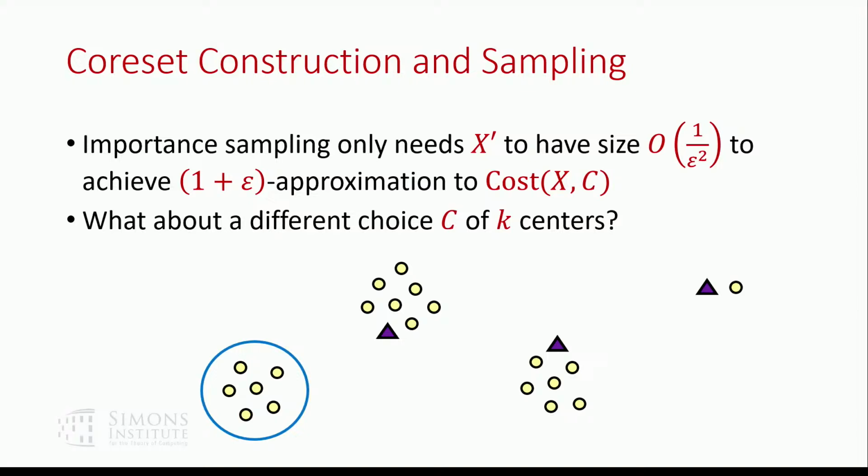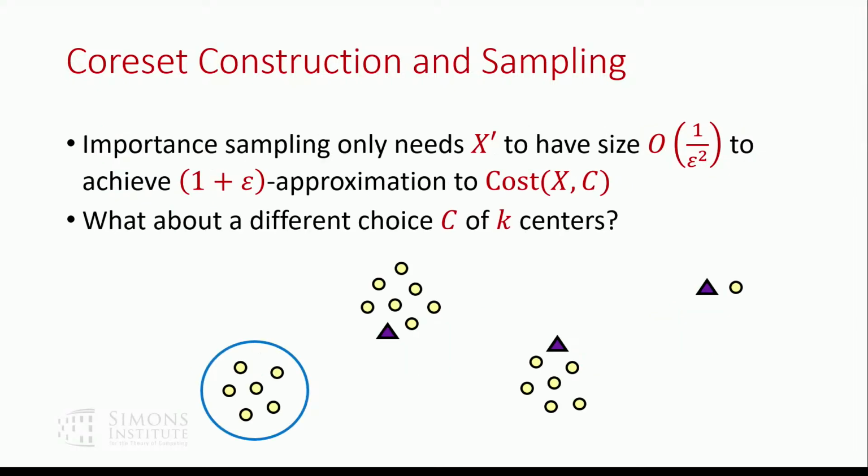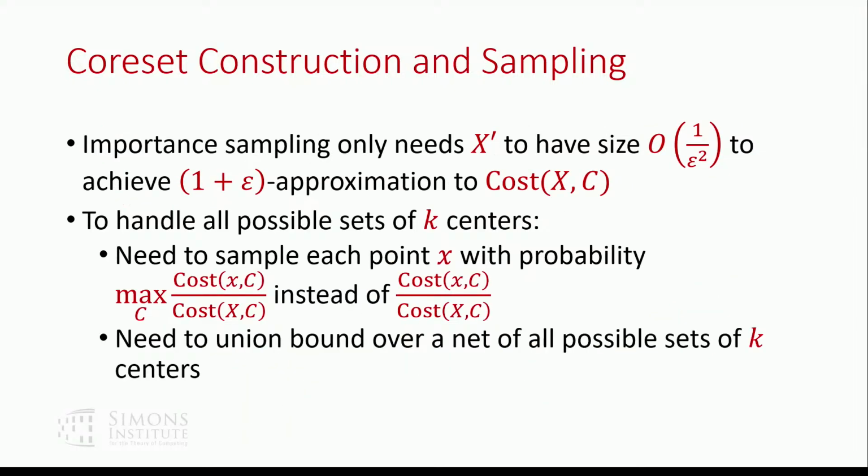So instead of looking at this ratio for one such set of centers, we're going to look at this ratio for all possible sets of centers. So this max over C here should be over all possible choices of C, where the cardinality of C is at most k. And this is known as the sensitivity of point X.